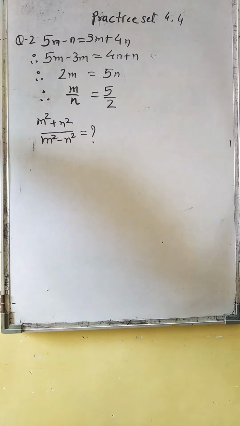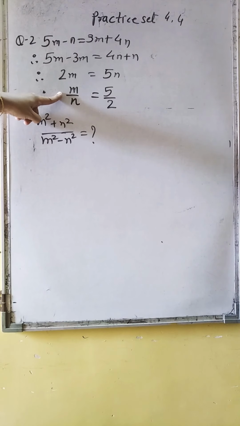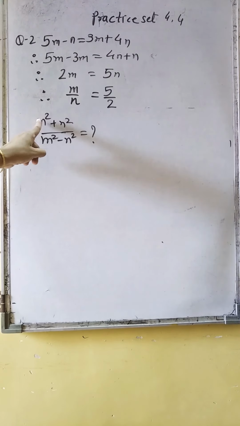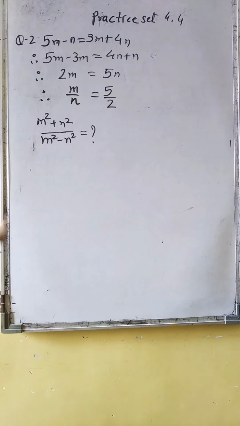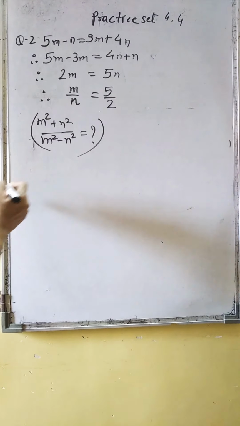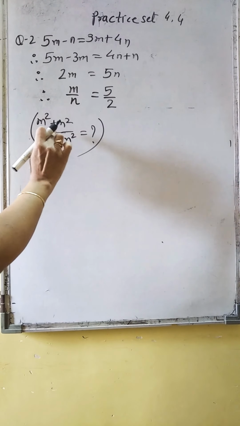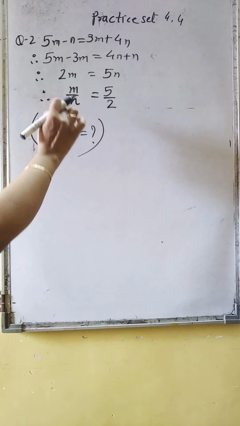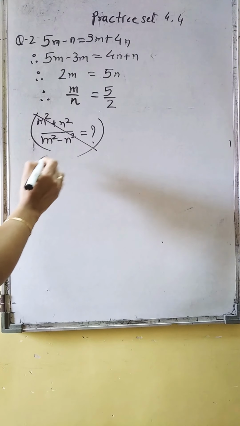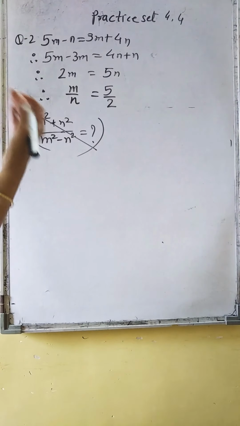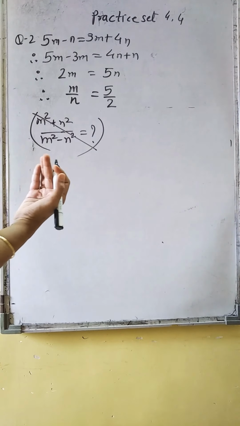So how will you go about it? You will do the square of this and then componendo dividendo, as we did in 4.2 and 3, right? So let us say this is what we have to find now. So by taking this into consideration, you need not write this step. This is just to see how you can go further in the sum.